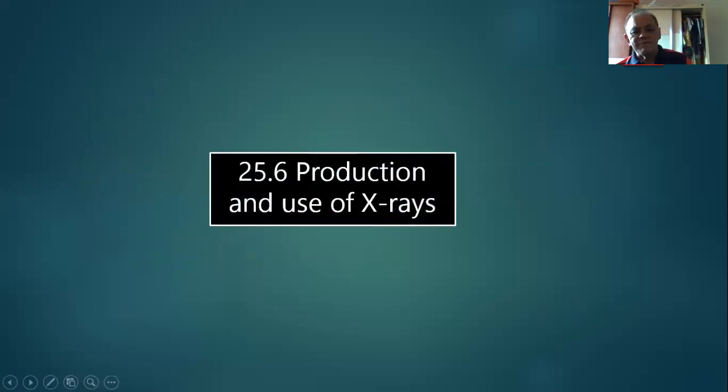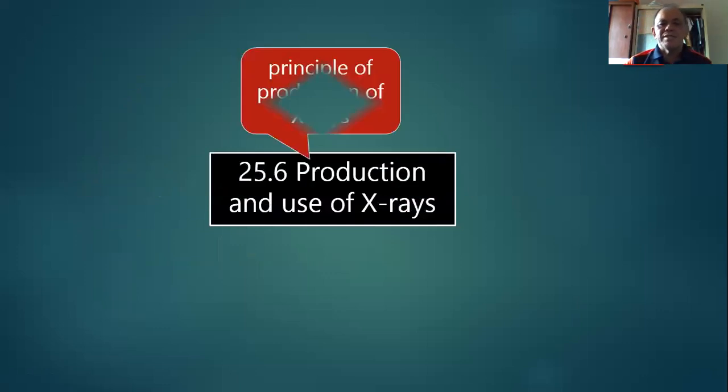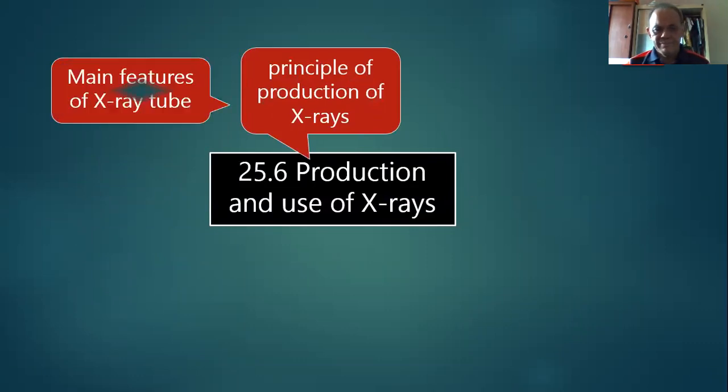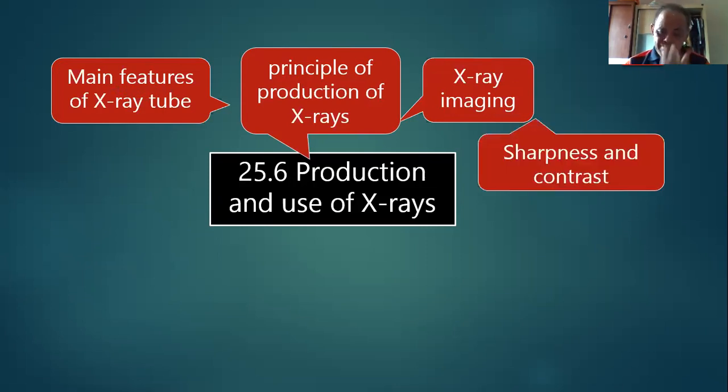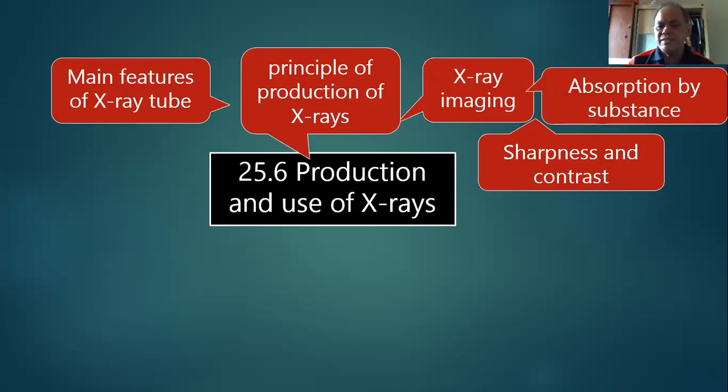Right? What are we going to cover? Principle of production of X-ray. How do you produce X-ray? Main feature of X-ray tube. X-ray imaging. That's part 2 already. Uses of X-ray. Sharpness and contrast. What is sharpness and contrast? And then absorption by substance.